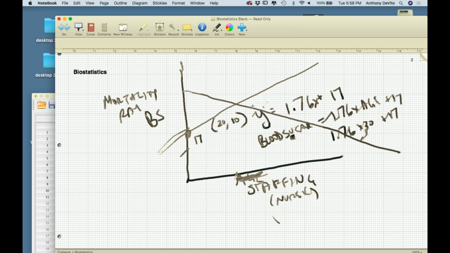So that's something that you could use to determine whether or not your budget for your hospital is better spent in getting more nurses, fewer patients per nurse, versus better diagnostic tools, for instance, right?